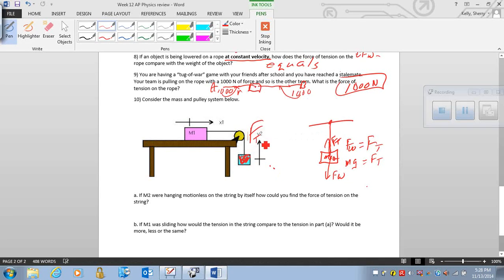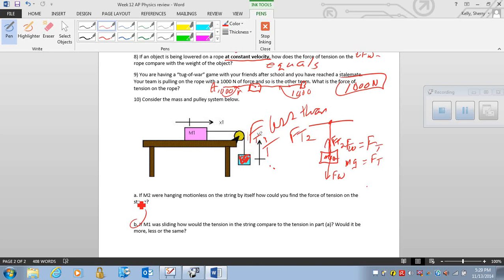In this case, I'm going to call this force of tension FT2 and this FT1. FT1 will be less than FT2. That's what B asks us.